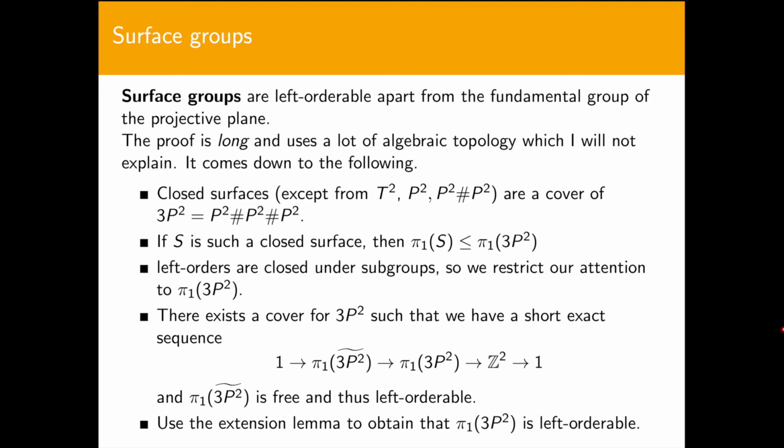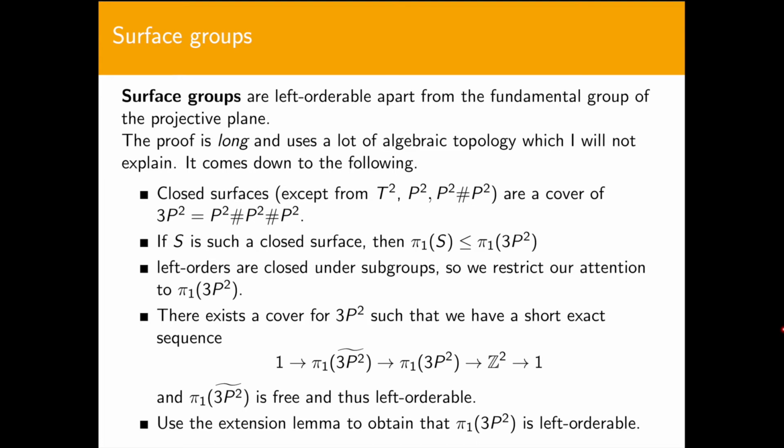Now, if you have such a surface S, then, by a basic theorem in algebraic topology, the fundamental group of S will be a subgroup of the fundamental group of this connected sum of three projective planes. Now, left orders are closed under subgroups, so we will restrict our attention to showing that the fundamental group of the connected sum of three projective planes is left-orderable.